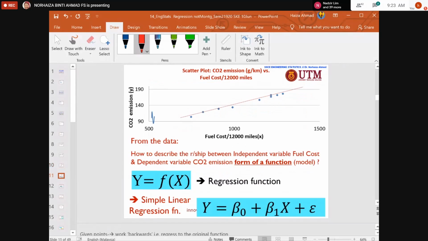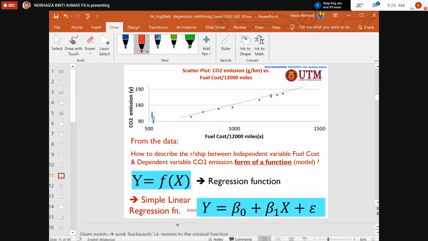A regression model, where you have a response y equals some function of an independent variable x. That means any change in x would be reflected in your y. It's a regression function. And the regression function that we're going to look at today is called a simple linear regression model. So what does simple linear regression model mean?